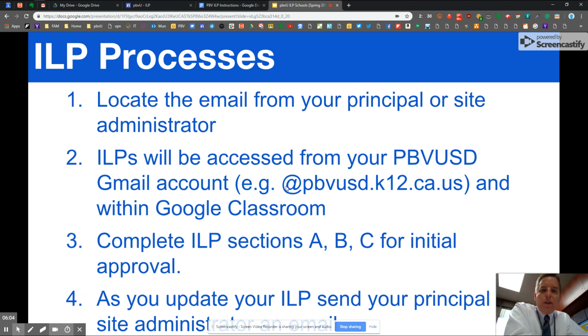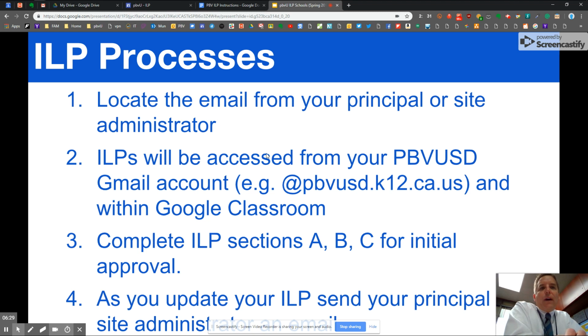And if you don't, your C5 teacher can definitely help you with that. The beginning stages of the plan, there are five, A, B, C, D, and E, but you only need to complete the basic background information, a little reflection, and then area C is where you'd develop your first goal that you might have for the year.